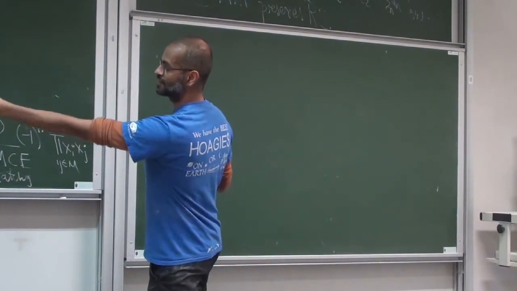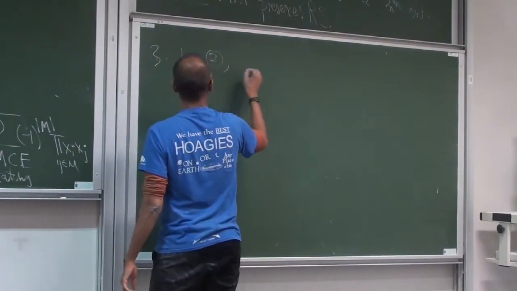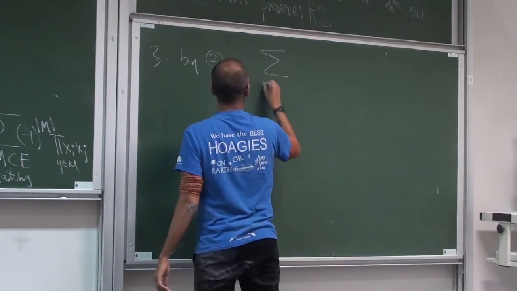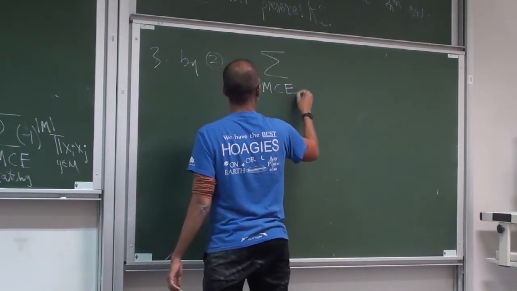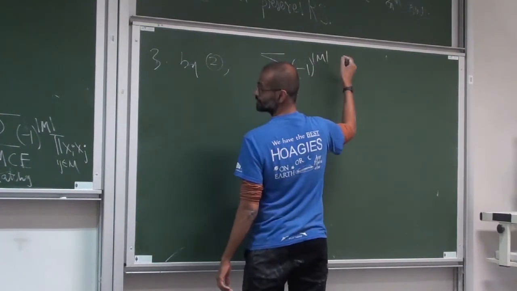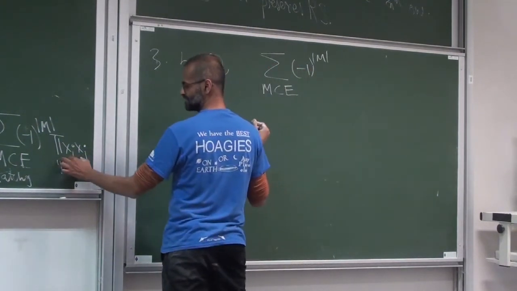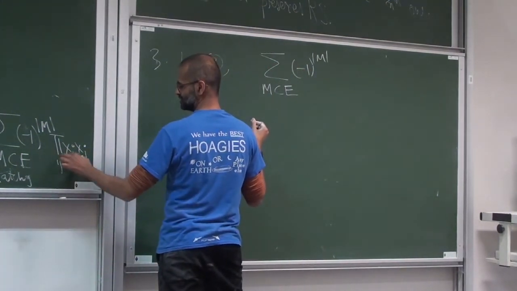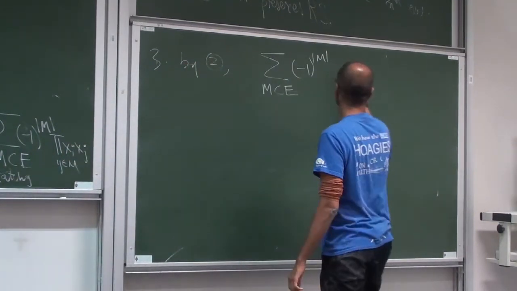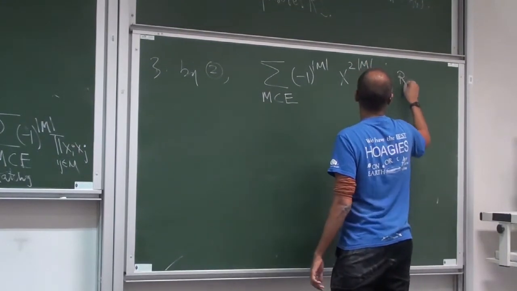By property 2, if I make all of these just x, I get that this polynomial, the sum over all matchings of -1 to the size of the matching times x to the twice the number of edges in the matching, is real rooted.